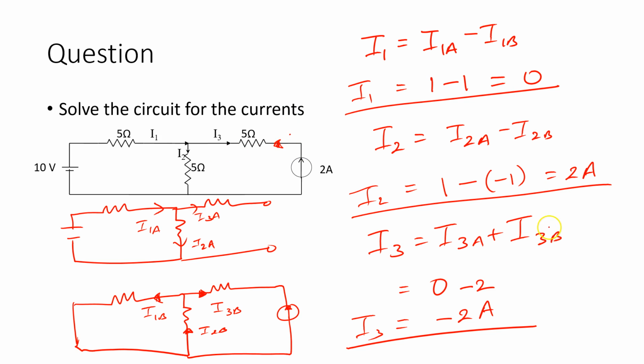So we see it is in the opposite direction, so it's minus 2 amps, and we have 2 amps from I2 going down here, which gives us 10 volts across the resistor. And since we have 10 volts here and 10 volts here, then we have no current flow through this resistor. So it is all quite consistent.